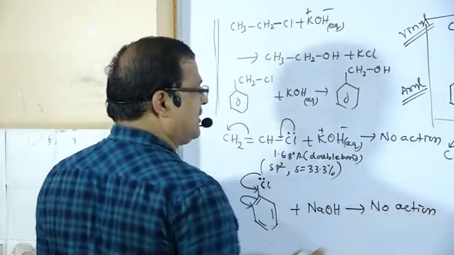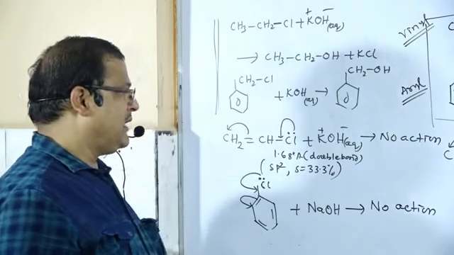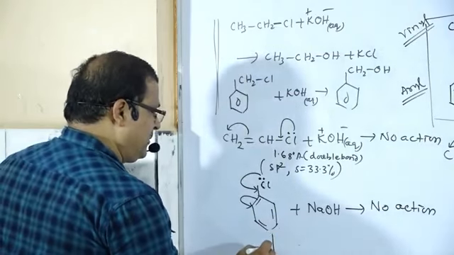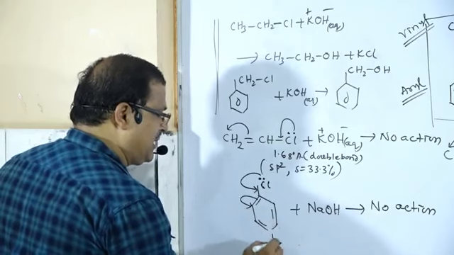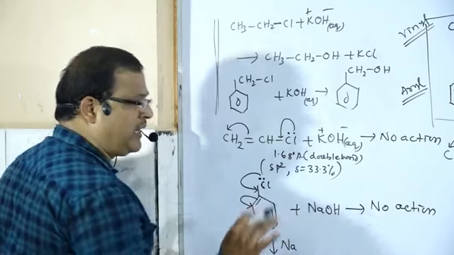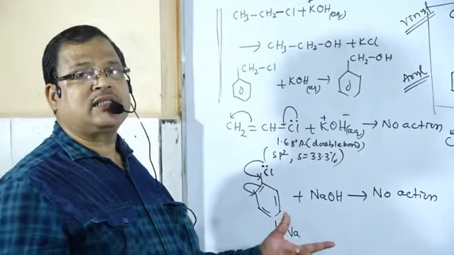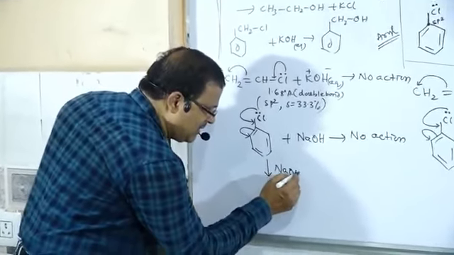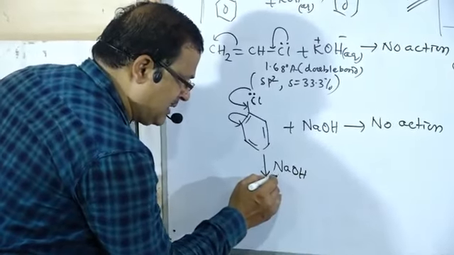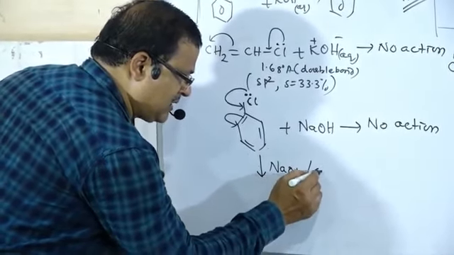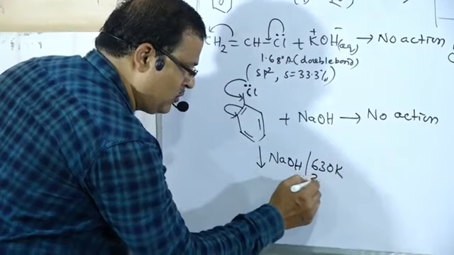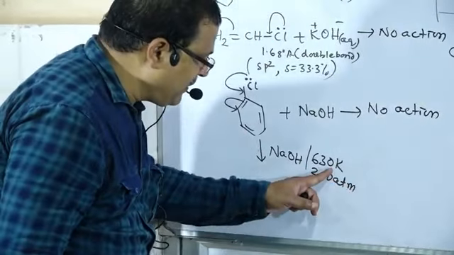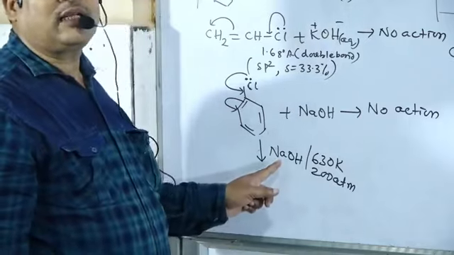There is no such action. If this compound is treated with NaOH and we want to carry out that reaction, it can be carried out only at 630 Kelvin and 280 atm. What temperature and pressure are required?